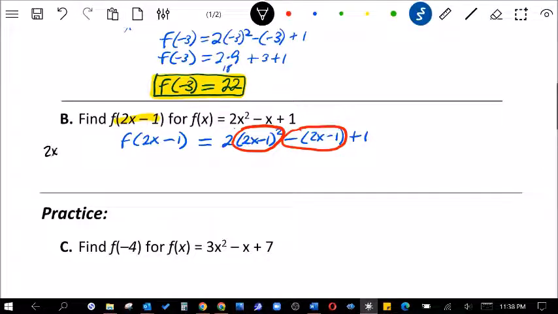First one, 2x minus 1 squared is not equal to 4x squared plus 1. So that's trying to distribute the 2 over here, and that is not the correct way to do it. Instead, remember what squared means. When you have an exponent, it means raised to that power. It means repeating it times itself. So we actually have 2x minus 1 times 2x minus 1.